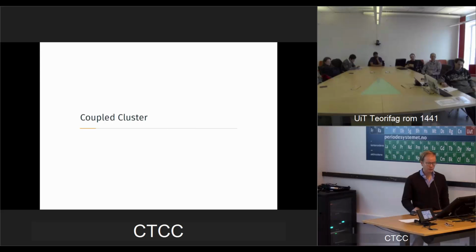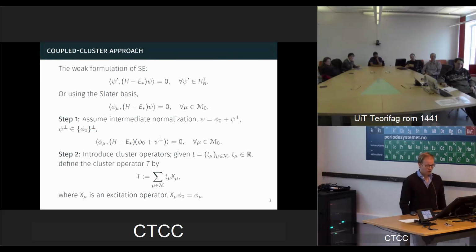Okay, so let us first look at the coupled cluster approach before I talk more about our work on the extended coupled cluster. So let's start with the Schrödinger equation again, and here we have the weak formulation. So we want to find a solution psi such that this holds, and it should hold for the ground state energy E subscript star here.